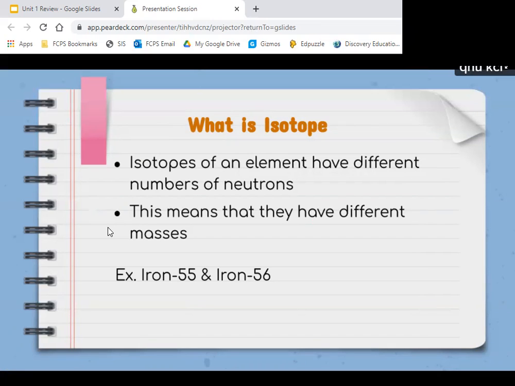Beautiful. Yes. So 55 minus the number of protons of iron, which I believe is 26. Perfect. So the answer should have gotten you 29 for iron 55. Okay, so always remember, mass number is proton plus neutron, and I'm going to mention that in the next slides as well.